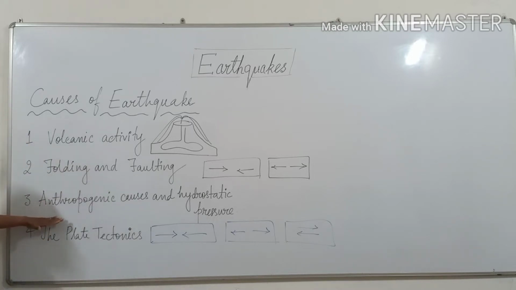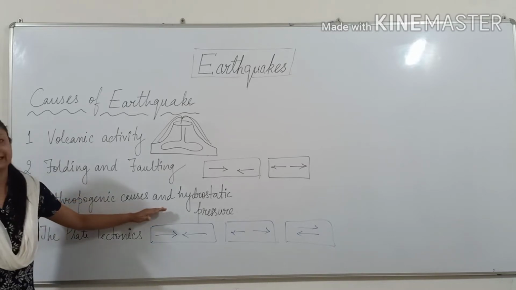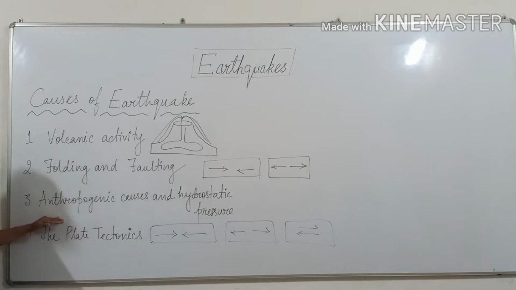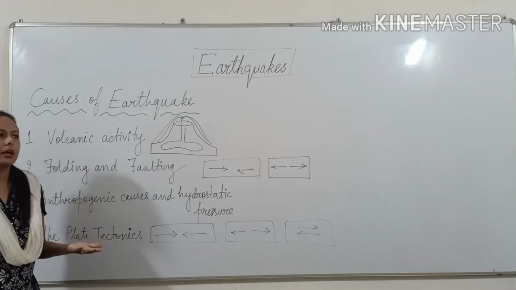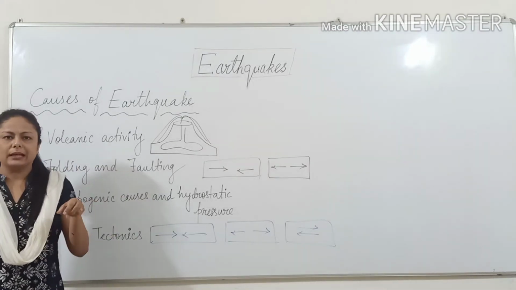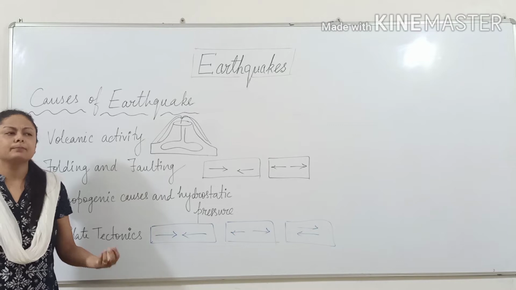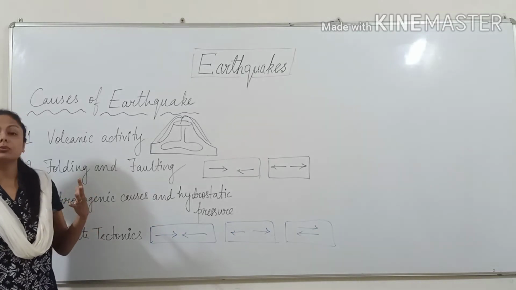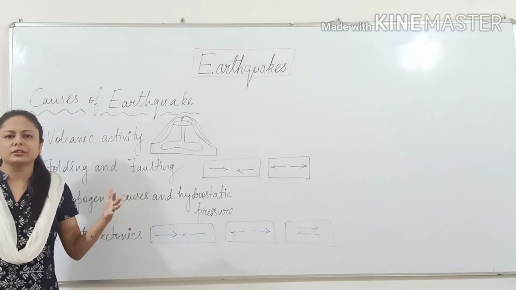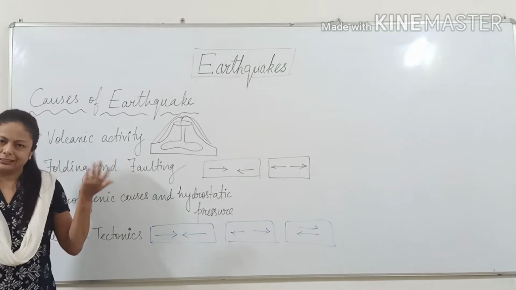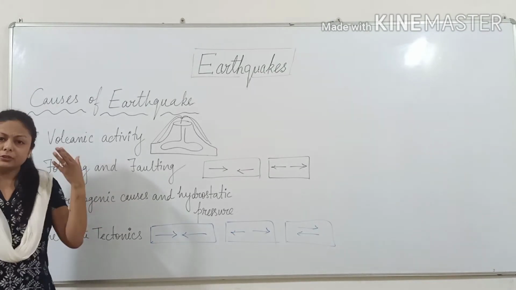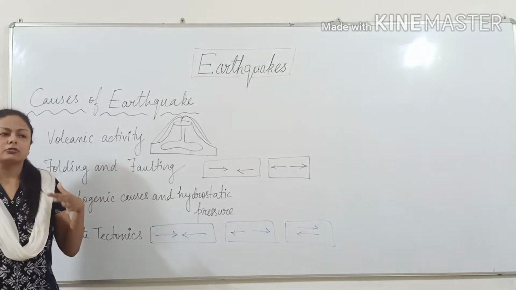Let's proceed to the third factor, anthropogenic causes and hydrostatic pressure. Anthropogenic causes are human-induced causes. Like human beings, we dig underground wells to take out petroleum, or we make huge reservoirs to store water for the dry season. We even do mining and quarrying.